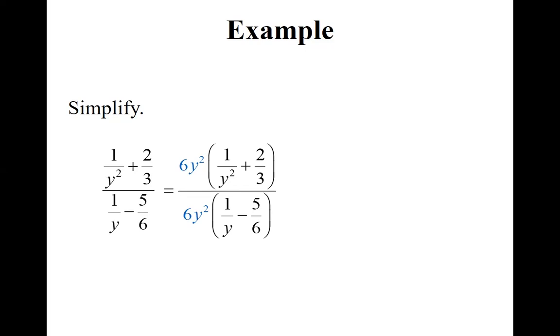Since we're multiplying by the entire numerator and the entire denominator, we effectively are just shoving this 6y squared into every numerator in this problem. 4 spots. 6y squared times 1, 6y squared times 2, 6y squared times 1, 6y squared times 5.